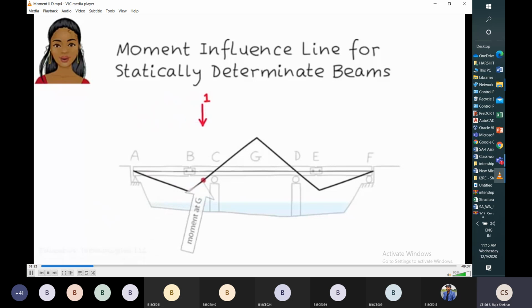And when the unit point load is moving from B to C, the bending moment at G will become 0. That means with the unit point load at C, the bending moment at G is 0. Moment at G reaches a maximum positive value when the unit point load reaches the G location.